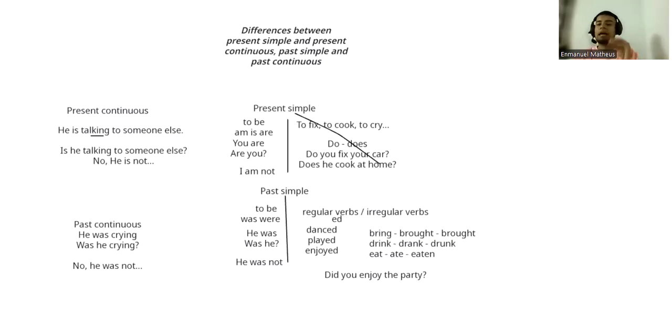Present continuous uses the verb to be. If you want to create a question, you put the verb at the beginning. Past continuous is the same, but instead of am, is, and are, you use was and were.